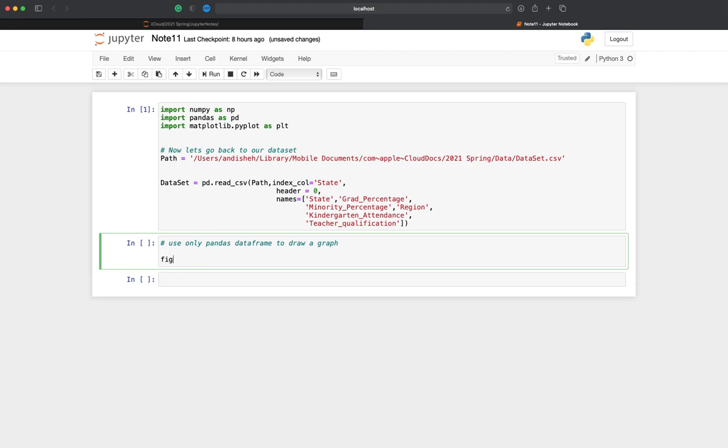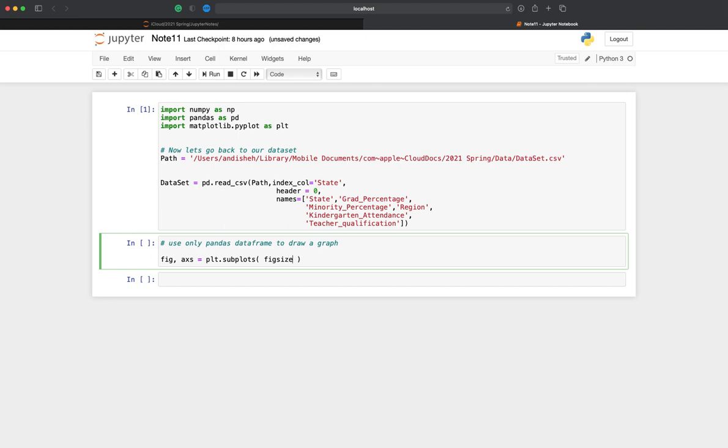So we are going to define two attributes of plot, axis and figure, and then PLT is the Matplotlib. We are going to create subplots. Later you will see how these subplots are helpful.